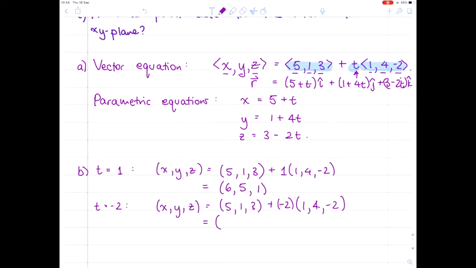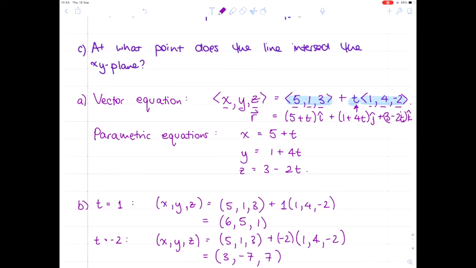And so we're going to have 5 minus 2, which is 3, 1 minus 8, which is minus 7, and 3 plus 4, which is 7. So there's another point that lies on our line. And you can work out any values of t that you choose to find points on the line.